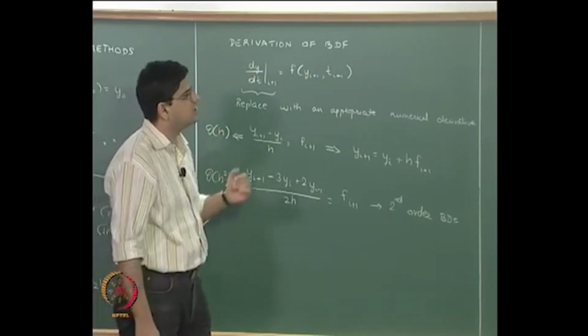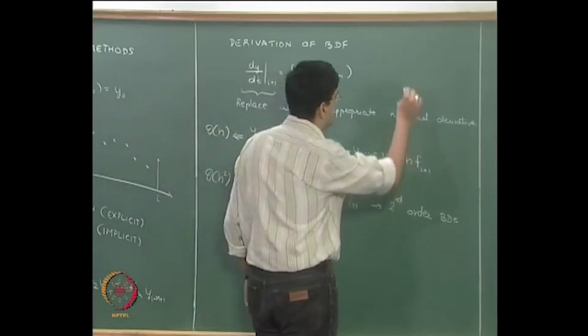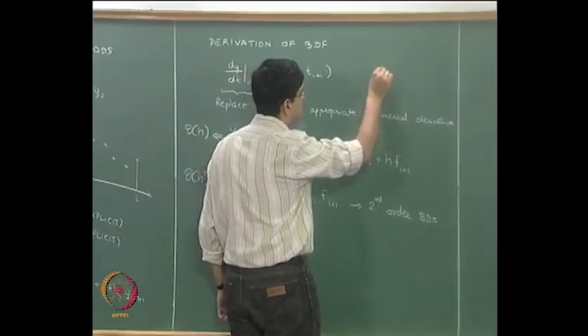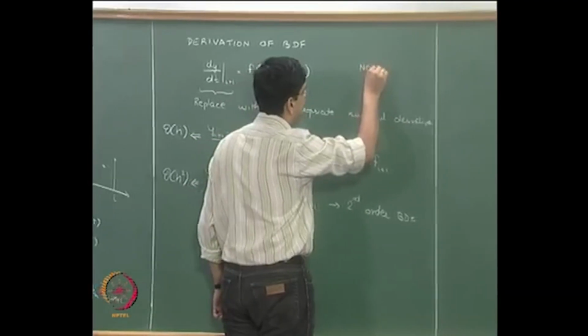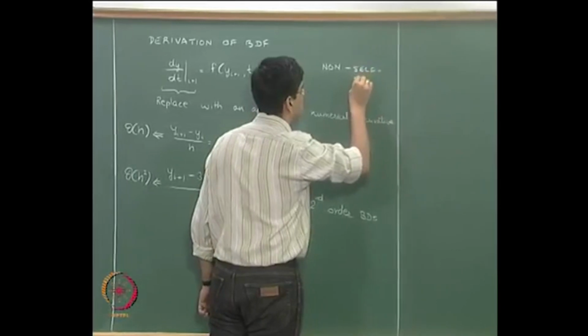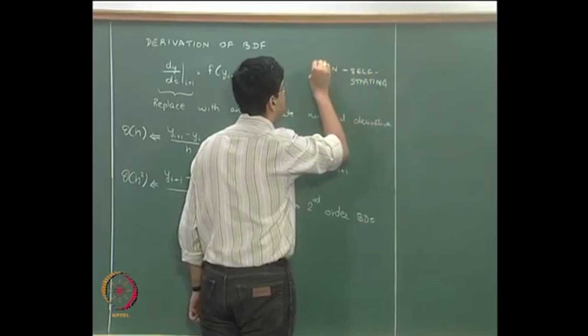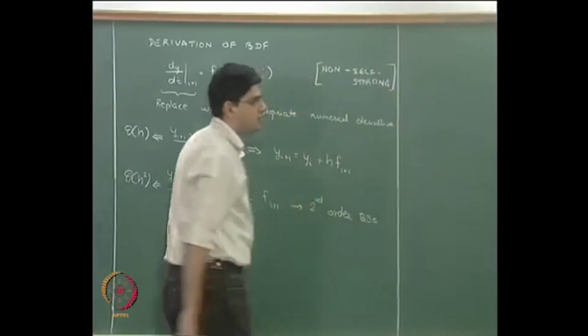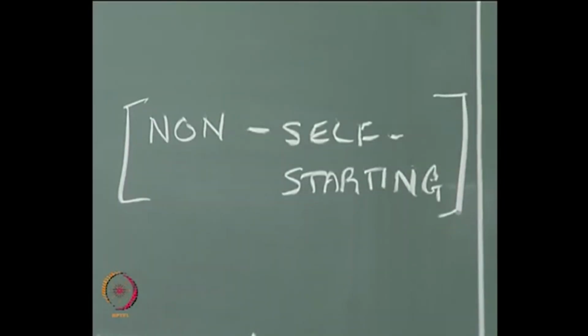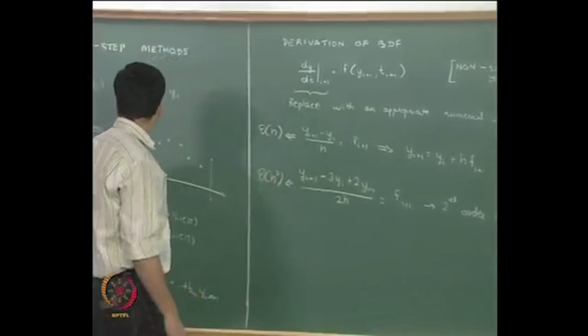There is one more thing that I will discuss, and that is that the BDF methods, like Adams-Moulton method or any multi-step method, are non-self starting. What that means, I will come to that in a few minutes. Let us go forward and discuss how to get the derivation for the Adams methods.